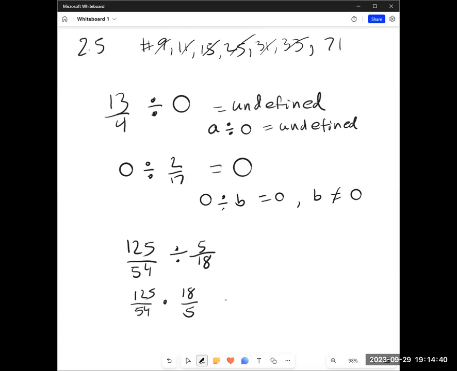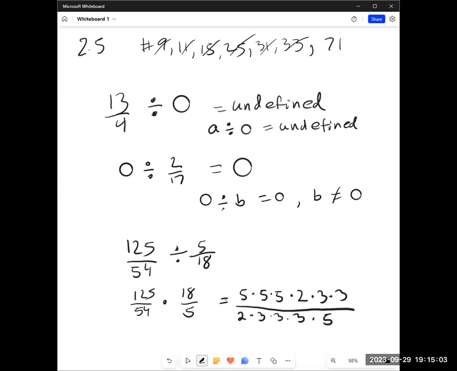So this is going to be 125 is 5 times 5 times 5. 18 is 2 times 3 times 3. 54 is 2 times 3 times 3 times 3.